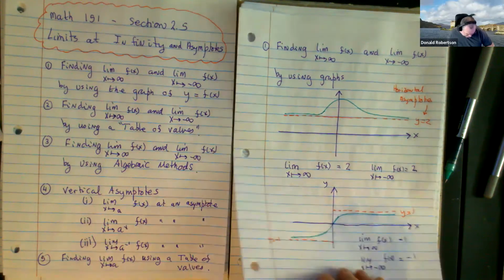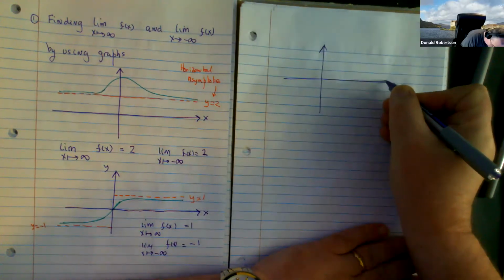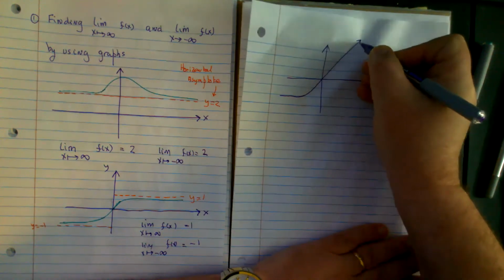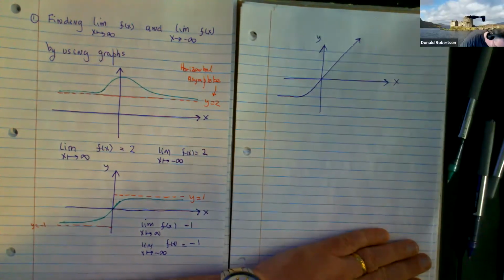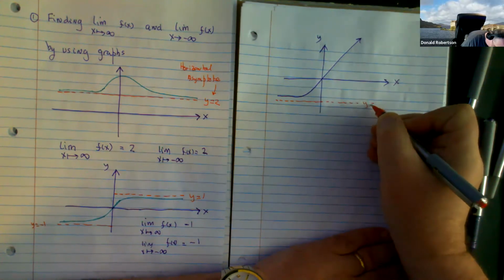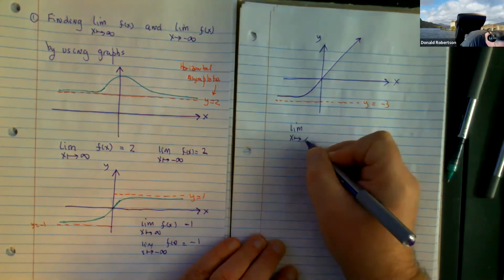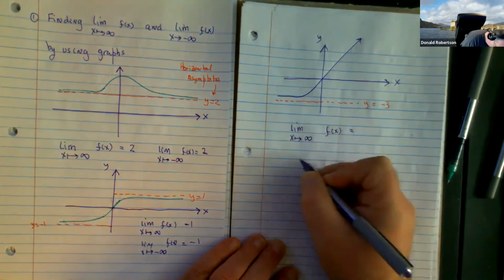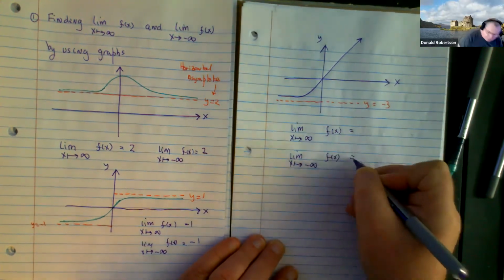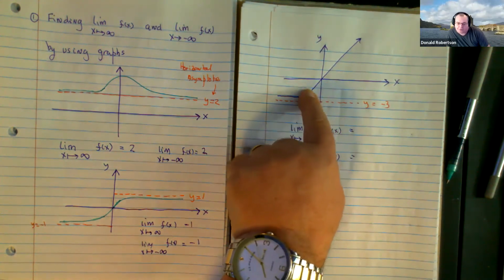And there is a third possibility. The limit of this function as x tends to negative infinity is what happens to the graph as it's going this way.